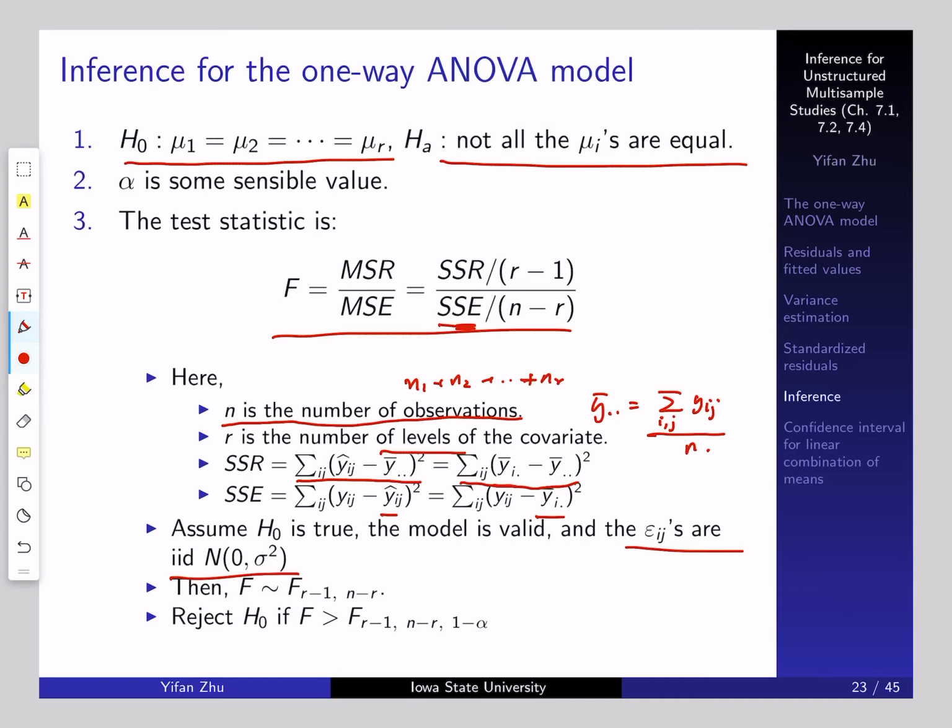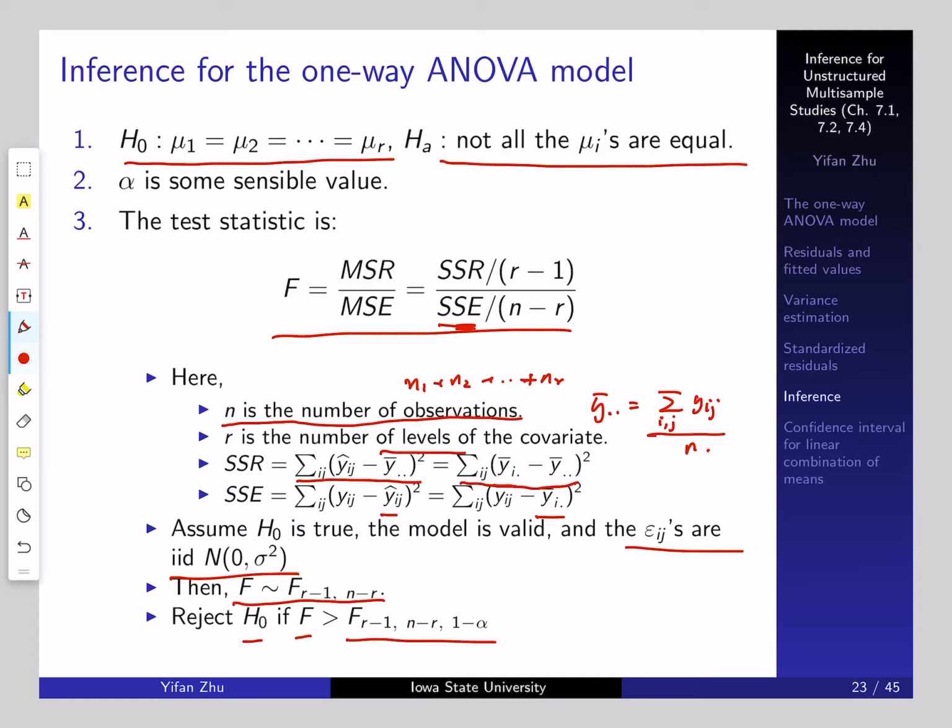Then this test statistic F has an F distribution with degrees of freedom R minus 1 and N minus R. And we will reject H0 if the F test statistic is large, that is, when F is greater than the 1 minus alpha quantile at significance level alpha.